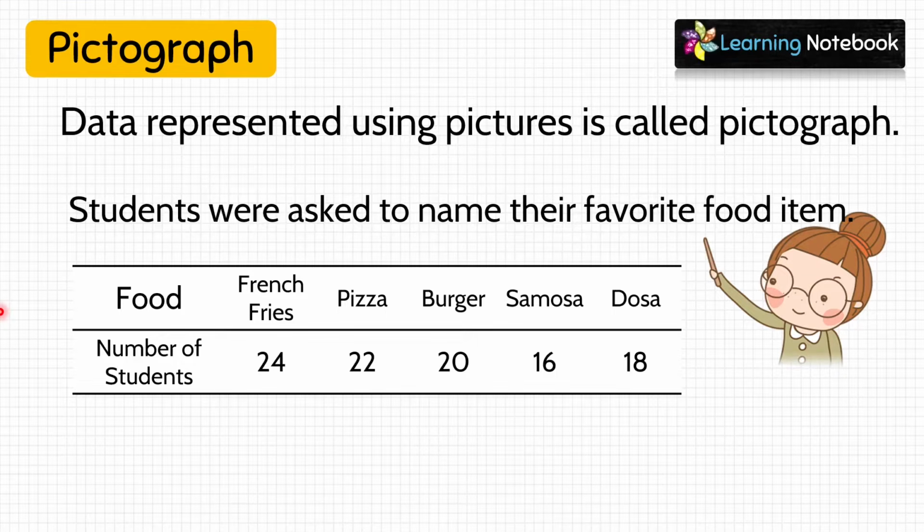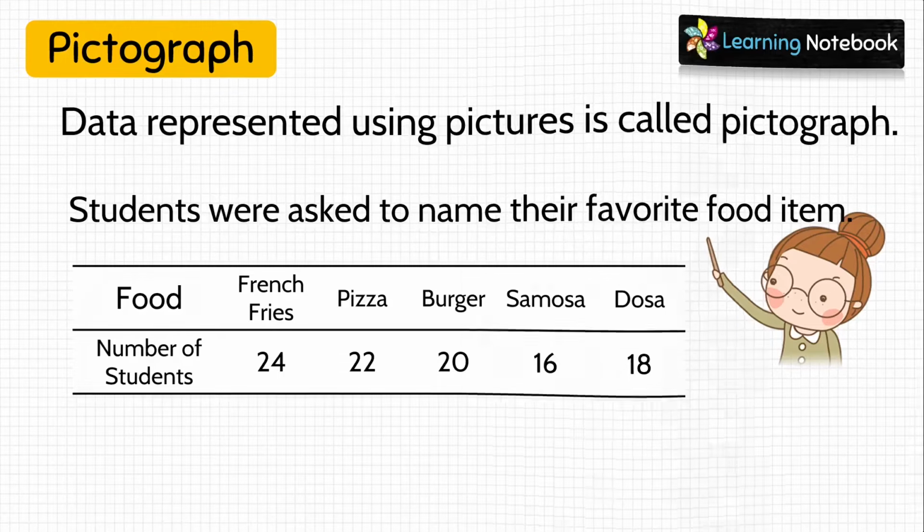So on the basis of this, we have prepared this data. So let's interpret this data. 24 students like French fries, 22 students like pizza, 20 like burger and so on. Now let's see how to represent this data using pictograph.